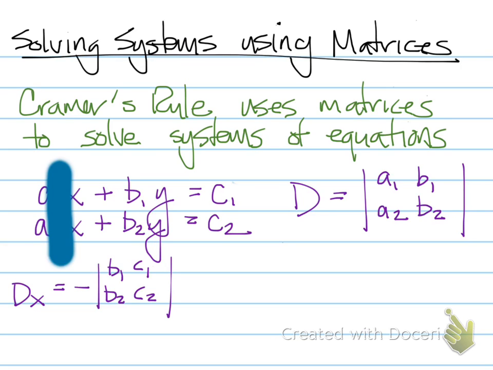Notice there's a negative in front of this determinant. Make sure that you remember to include the negative whenever you're finding the x determinant. The elements of that determinant are B1, C1, B2, and C2, the remaining numbers after we exclude the x's.